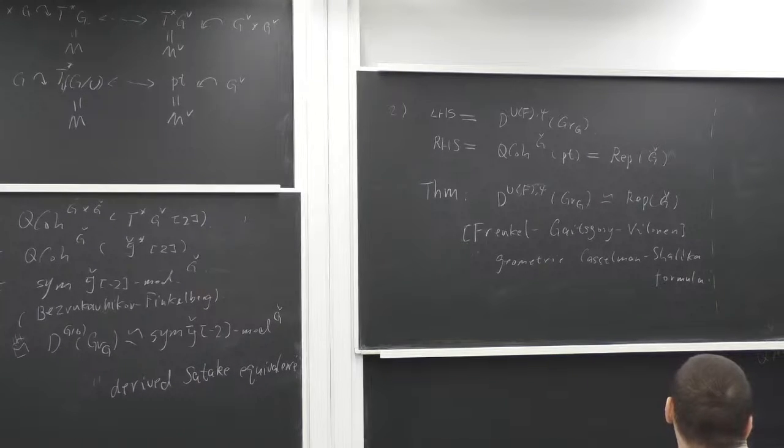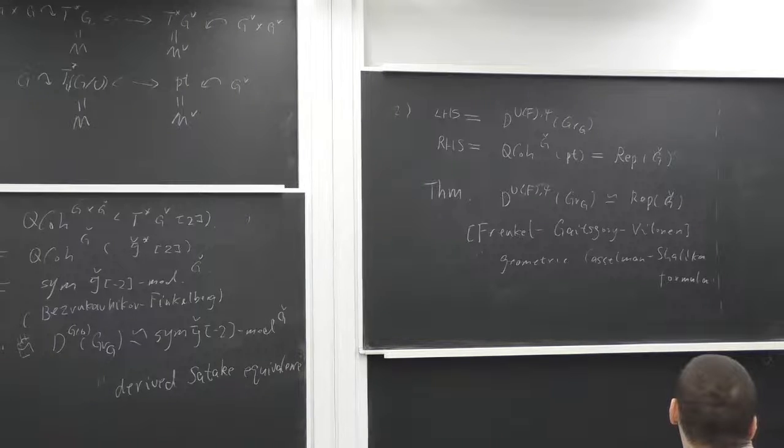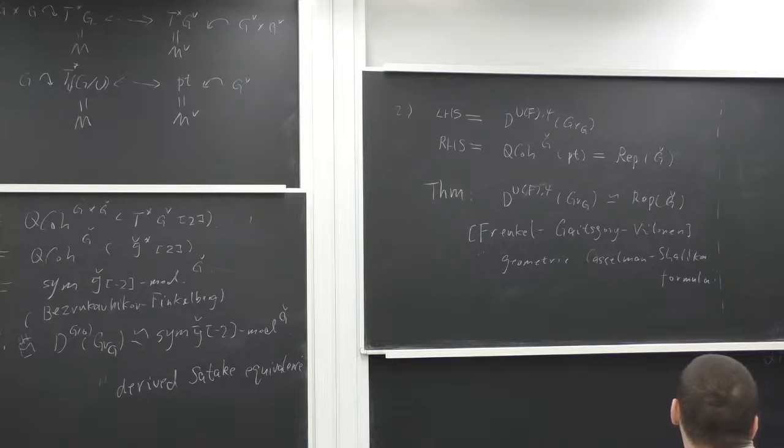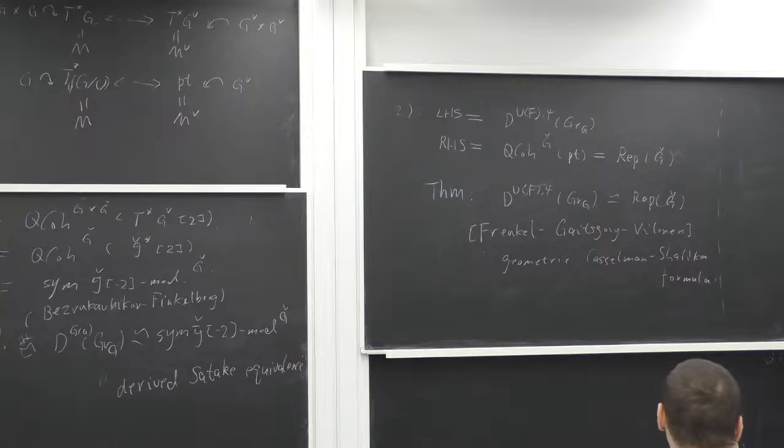So that is the BZSV conjecture in the two examples of duality that we mentioned before. Both of the above two examples give the derived geometric Satake equivalence as well as the geometric Casselman-Shalika formula. They are very important for the geometric Langlands program, but they behave very differently when we consider their deformation.